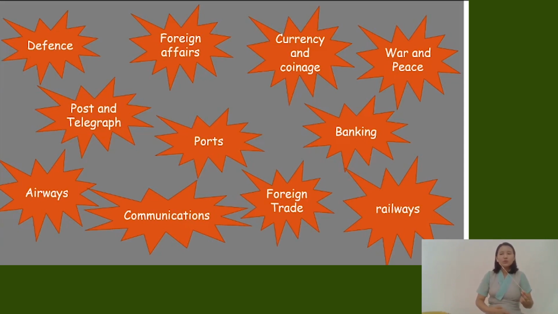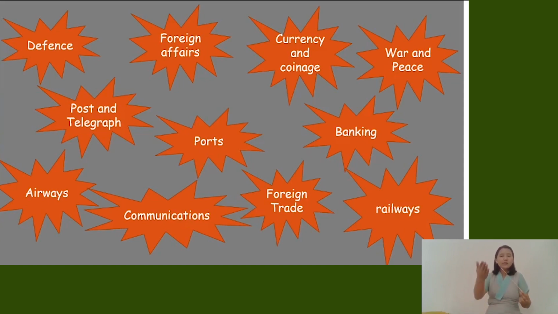When it comes to keeping a relation with other countries, these powers lie in the hands of the central government because it deals with the entire country. Currency and coinage. Currency means making a new currency, making a new coin. All these decisions lie in the hands of the central government because currency and coin deal with the entire country.